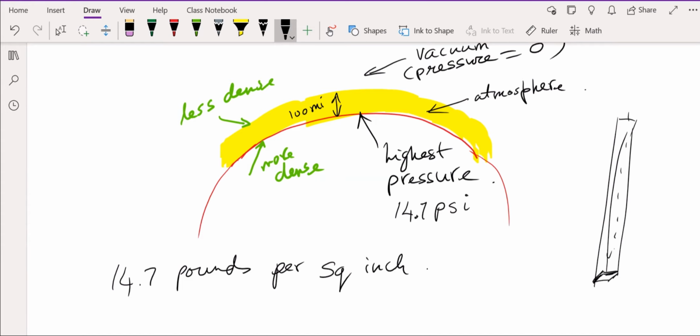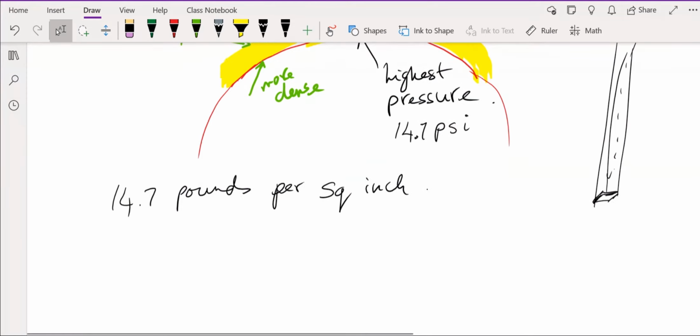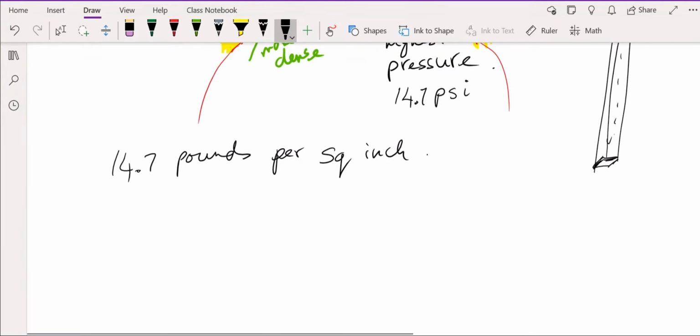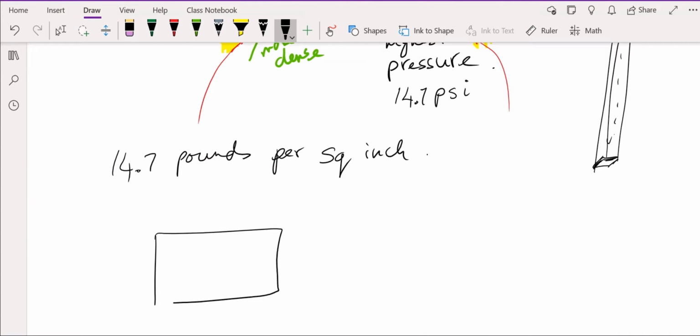Every square inch. Now it may look a little small, but think of this. This printing paper that I have in my hand is approximately around 11 inches, right?